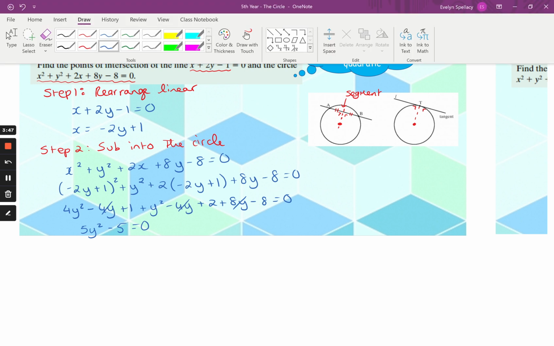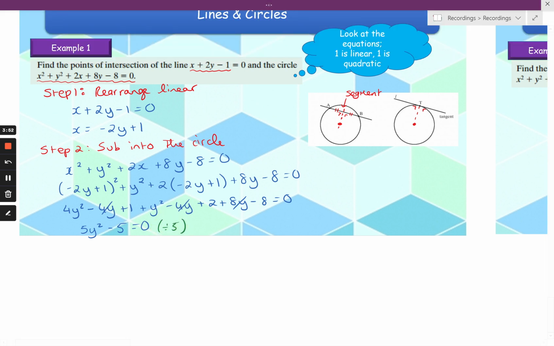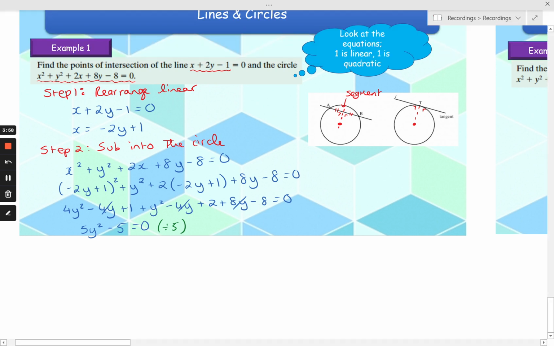So to simplify this now, I can see all terms can be divided by 5. So I get y squared minus 1 is equal to 0. But remember, it said points. So I need to make sure I have two solutions here.